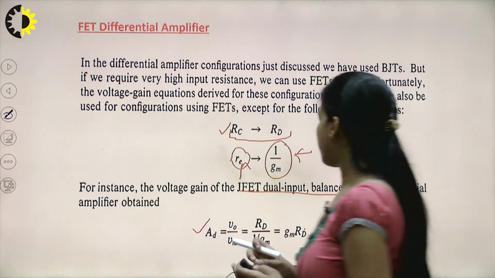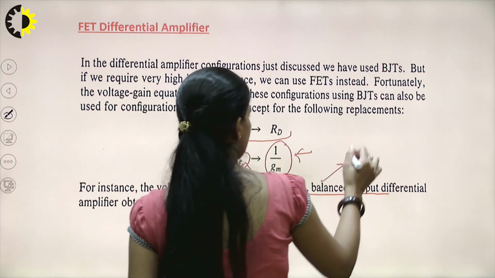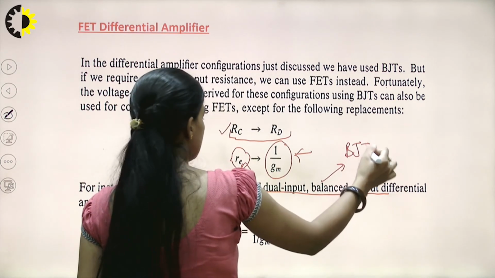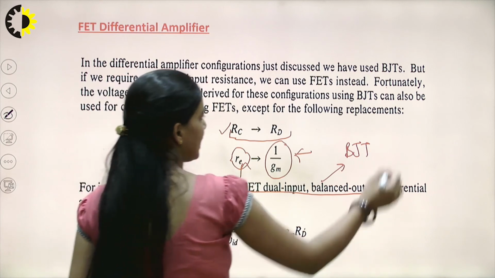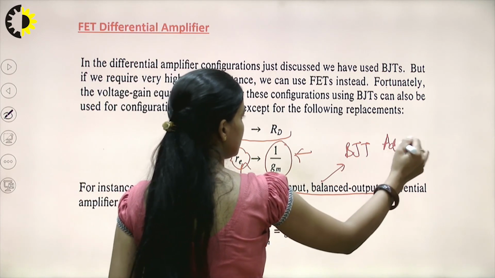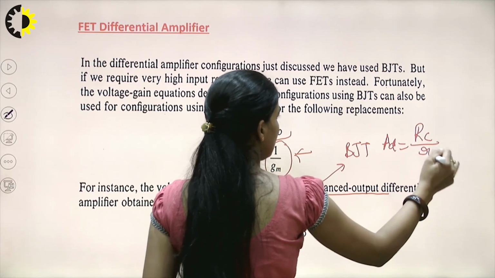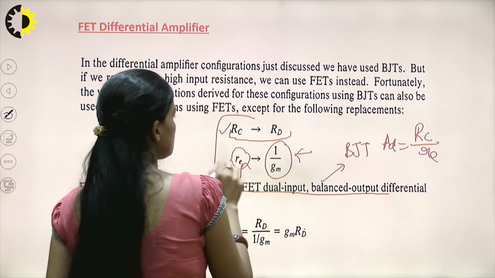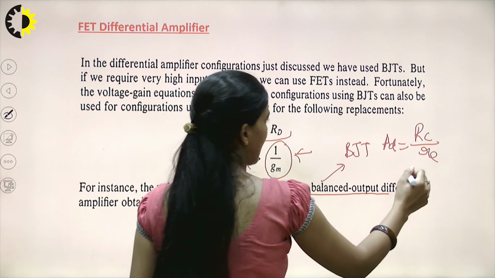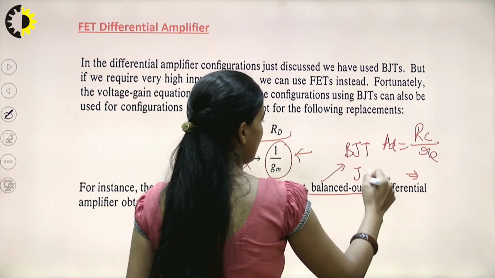For example, if I want to write the gain for a JFET dual input balanced output differential amplifier: for BJT, in the dual input balanced output configuration, the gain is RC upon re. By following these two points, we can write it for JFET.